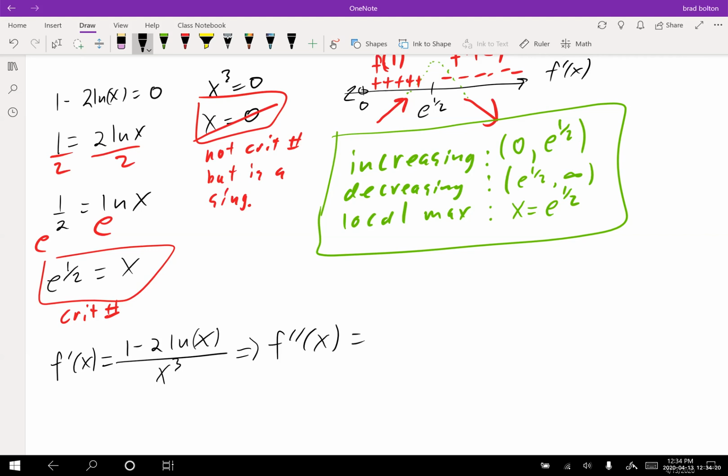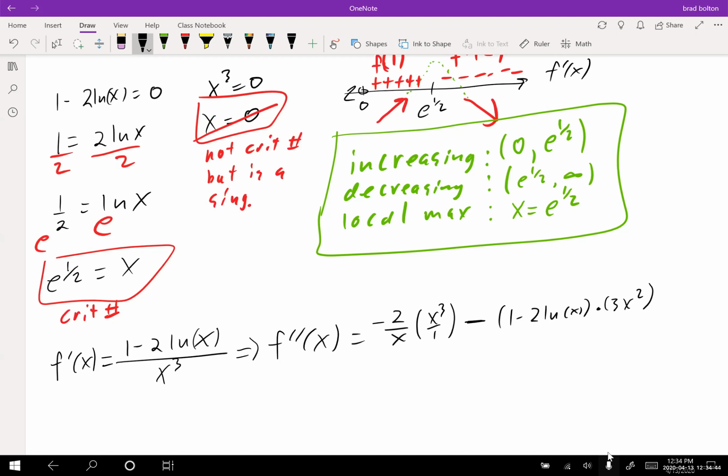So this is going to be the quotient rule once again, and this will be -2 over x, that's the derivative of the numerator, times the denominator, which is x cubed over 1, minus 1 minus 2 ln of x, times the derivative, which would be 3x squared.